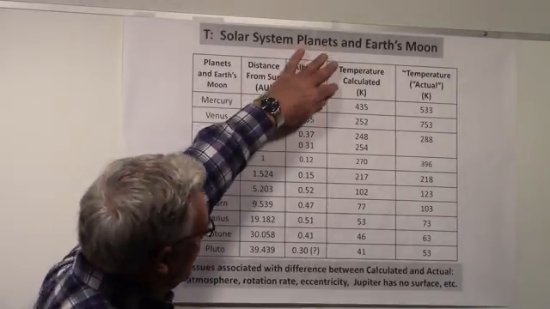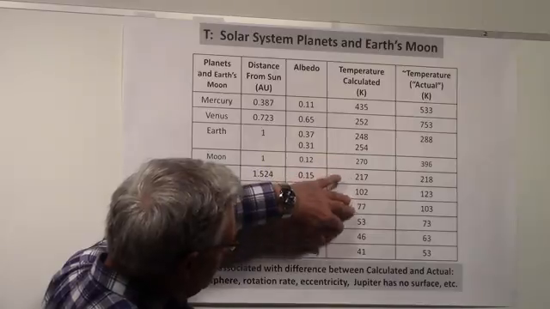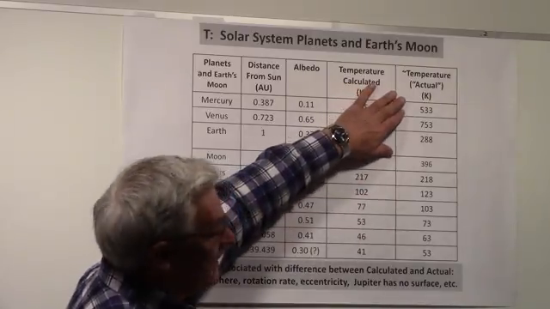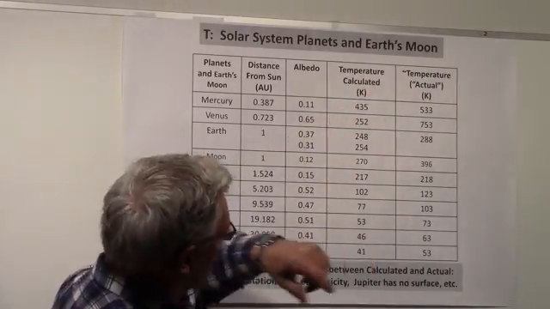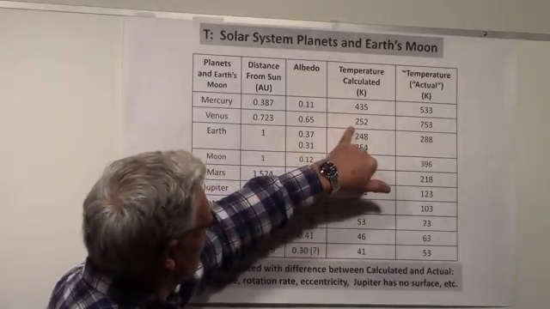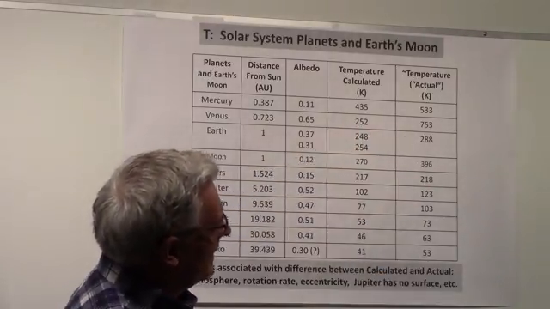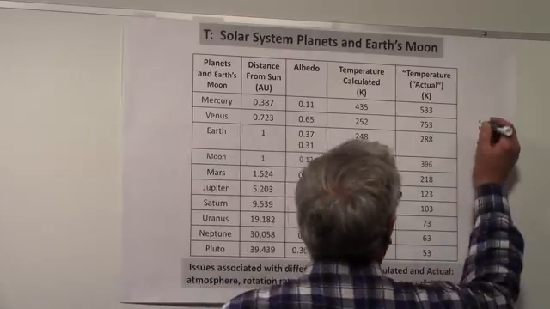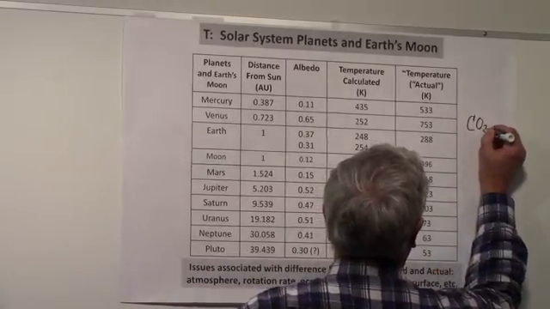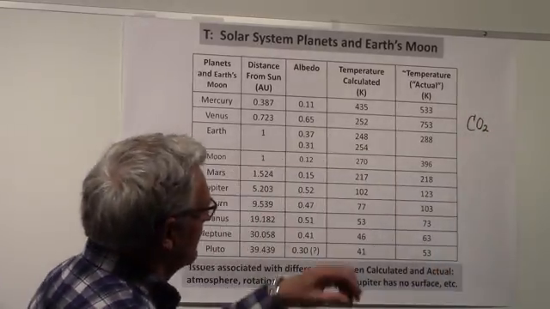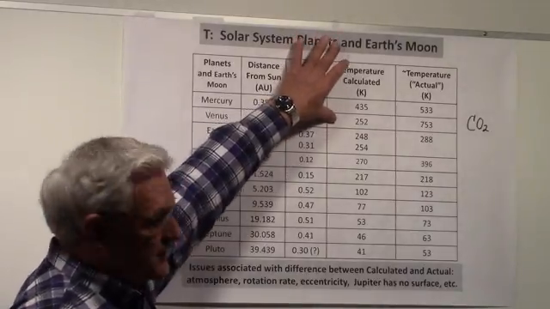And you can see that the calculated temperature in all cases is less than the actual temperature. And there's quite a difference for Venus, and that's because of the high concentration of CO2 in Venus. It's practically all CO2.